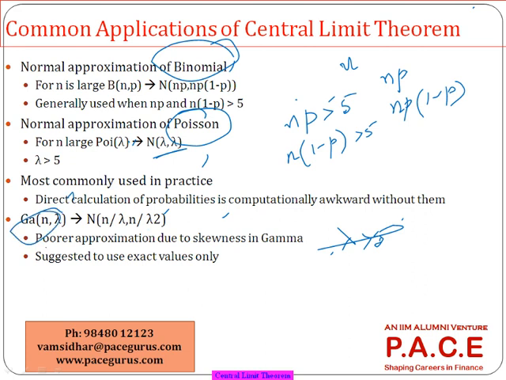At the end, whatever is the mean and the variance of those distributions. For a gamma distribution, the mean was n by lambda and the variance was n by lambda square, or k by lambda square, alpha by lambda square. The most common thing we use is alpha by lambda square.